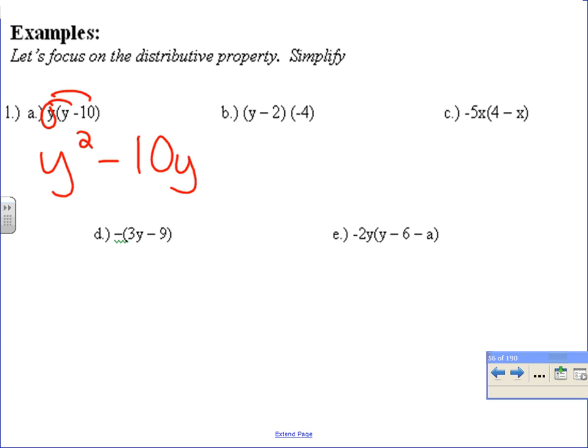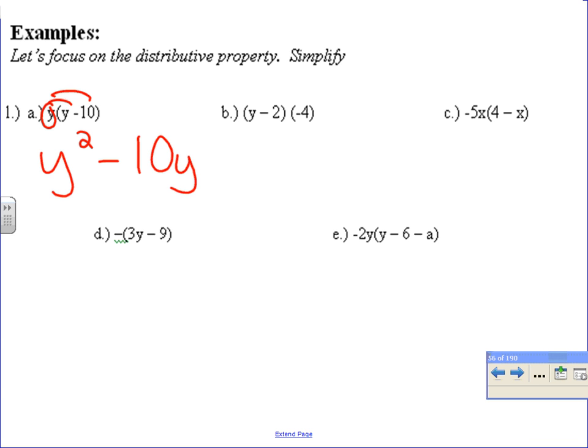Annalise. Y times negative 10. Okay. Mary? What's 1 times 1?